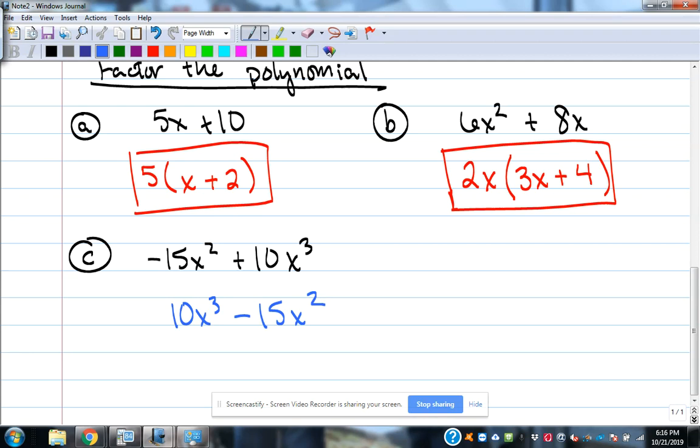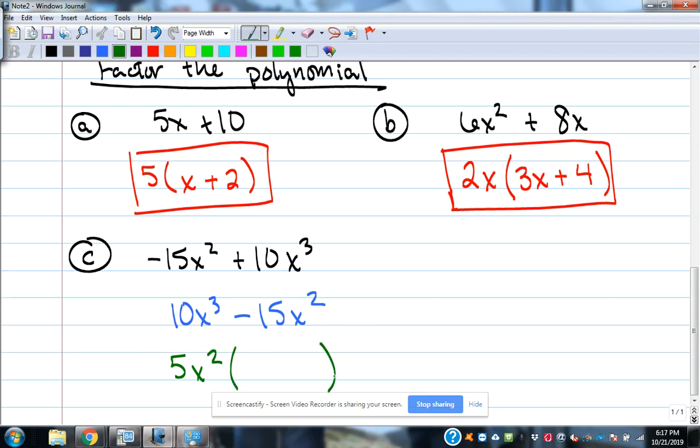Now, what do they have in common? What do 10 and 15 have in common? 5. How many x's do they have in common? 2. The first one has 3. The second one has 2. So you can only match up 2 of them. So that's why x squared is on the GCF.